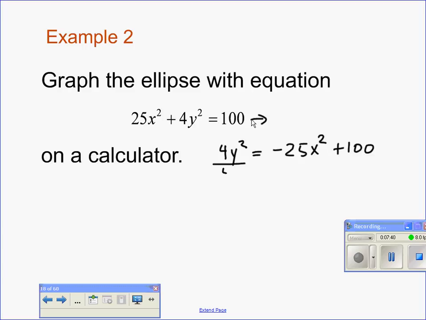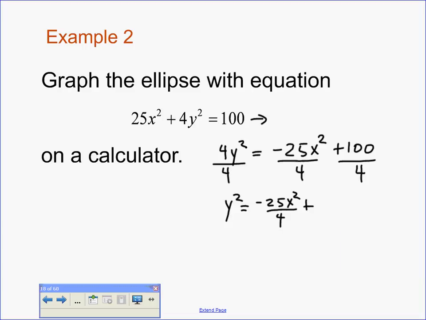And then divide both sides by 4, or every term by 4. And when I do that, I'm left with y squared is equal to negative 25x squared over 4 plus 25. And now I want to solve for y and not y squared, so I take the square root of both sides.